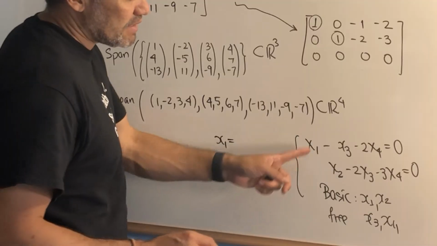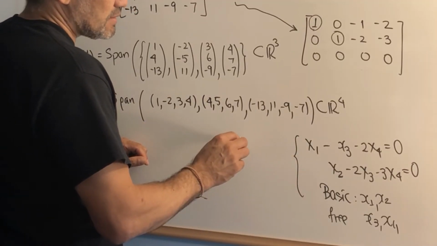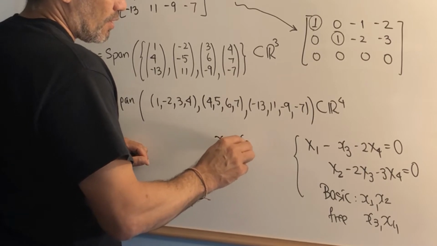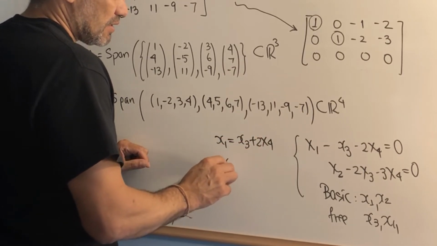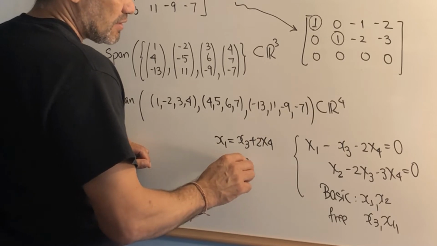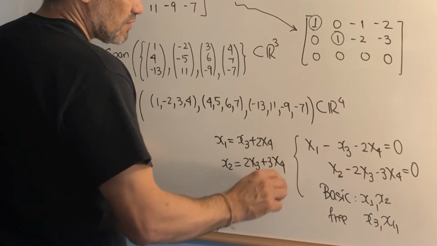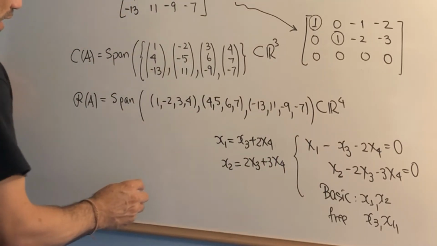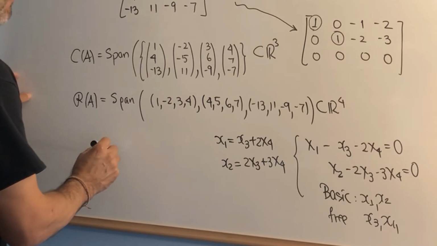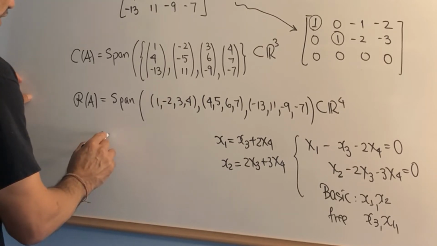Then we just solve the basic in terms of the free, and then we get that x1 is x3 plus 2x4, and x2 is 2x3 plus 3x4. And then we need to write the solution as a subset in R4. That means we write the solution as vectors.